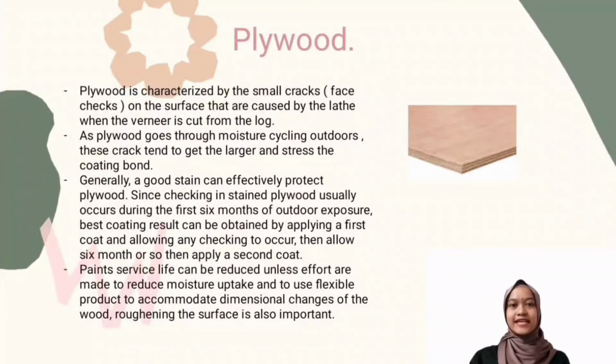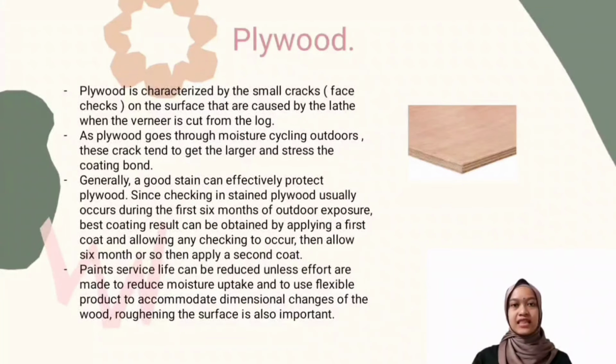Generally, a good stain can effectively protect plywood, since checking in stained plywood usually occurs during the first 6 months of outdoor exposure. Best coating results can be obtained by applying a first coat and allowing any checking to occur, then waiting 6 months or so, then applying a second coat.